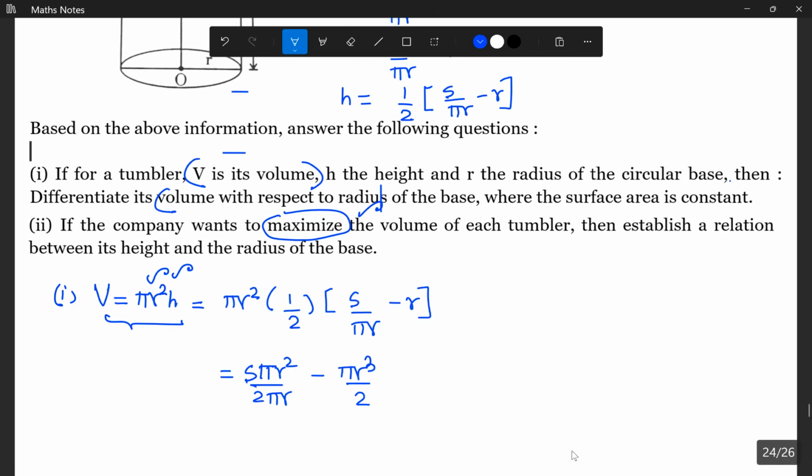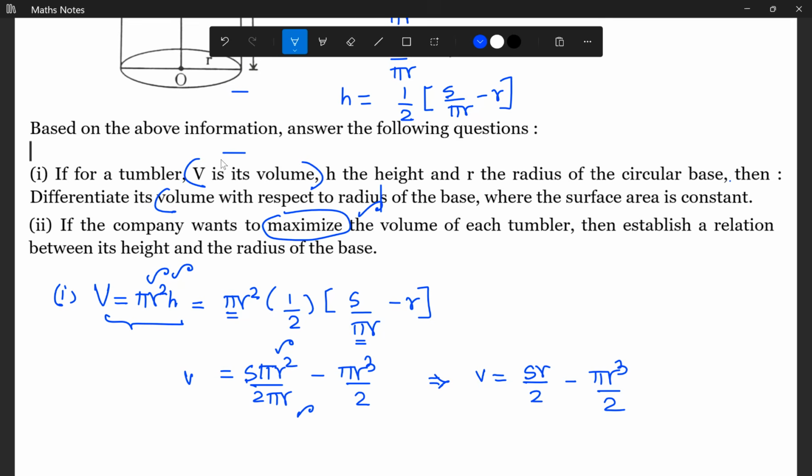Now if you simplify, one r on the numerator and denominator gets cancelled, pi and pi gets cancelled, so volume is equal to S by 2 into r minus pi r cube by 2. We are not done yet.